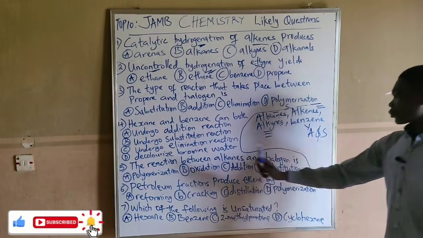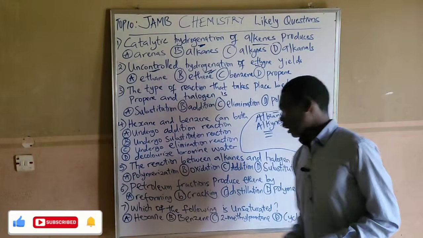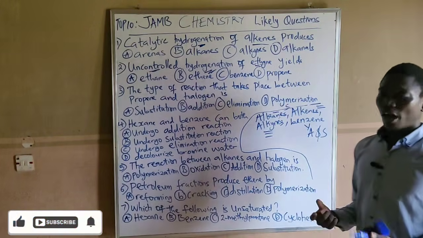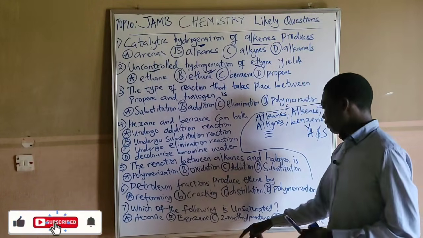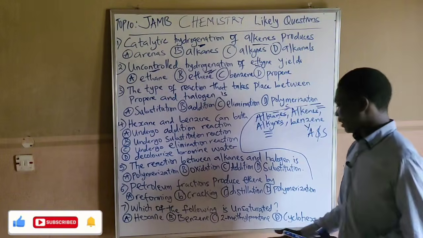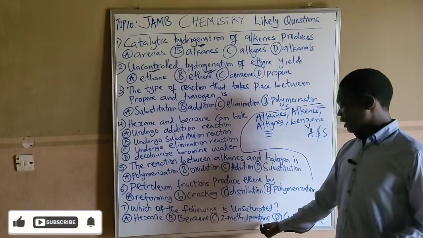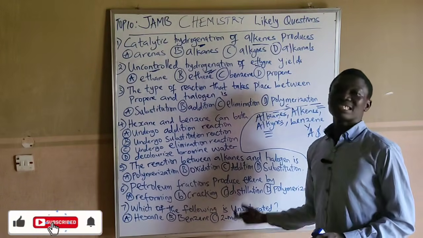So which of the following is unsaturated? Ethane is under alkane, so it is saturated. Benzene is not saturated. I've already mentioned it. You don't need to stress yourself. But look at this now, 2-methyl-pentane. Don't be confused about this. These are just substituents, but the parent name is pentane, and pentane is under alkane, which tells you it is saturated.